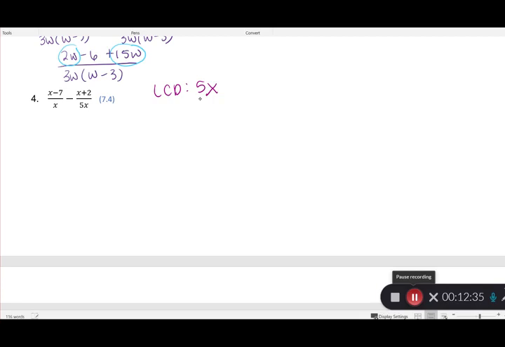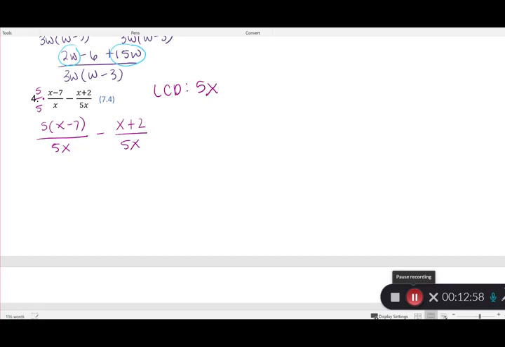So for this one, the LCD would be 5x because you have x and then 5 times x. The right side has already got the LCD, so we just need to multiply the left one by 5 over 5. Again, I'm going to write 5 times x minus 7 over 5x, minus x plus 2 over 5x.